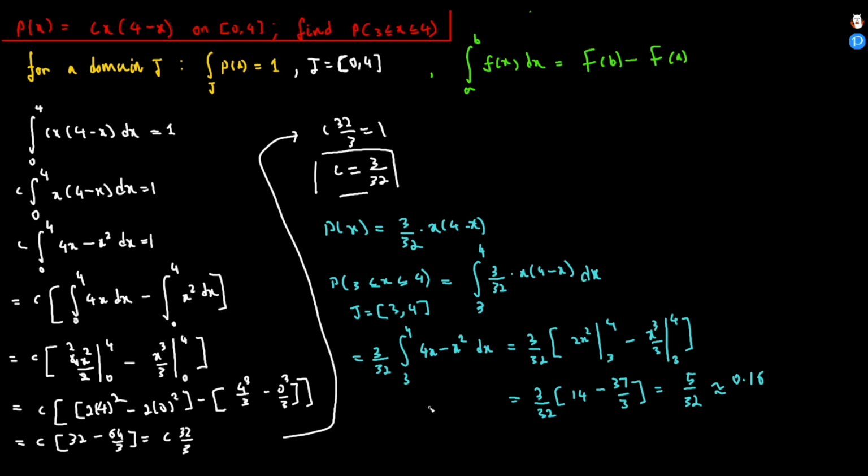Okay, so this is the probability that x is less than or equal to 4 and greater than or equal to 3. Okay, that's the answer.